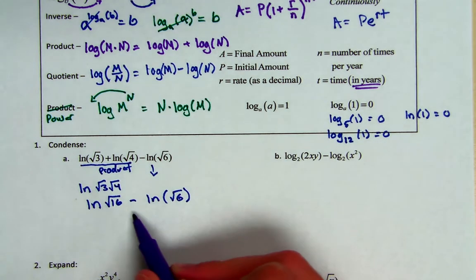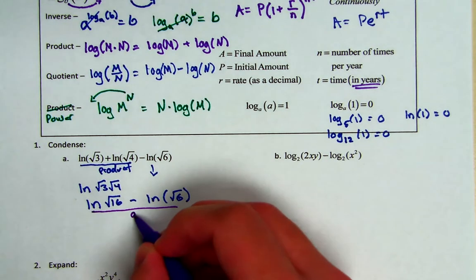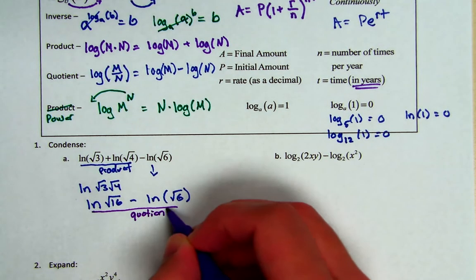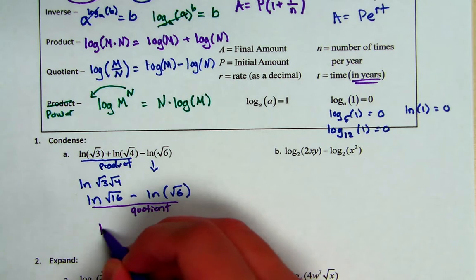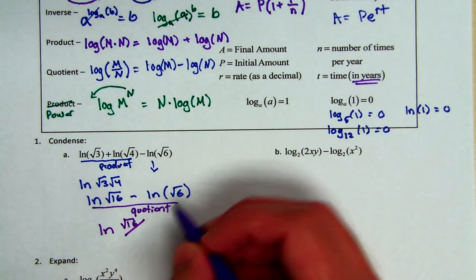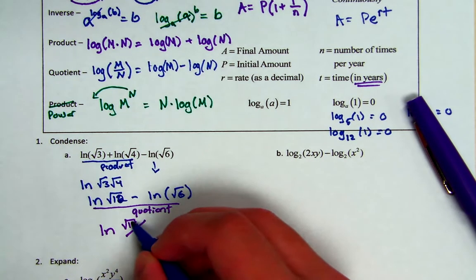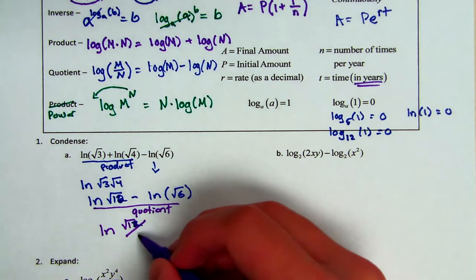And now I need to subtract. Well, subtraction, that tells me I need the quotient. So I need to divide. So I have the natural log of the square root of 12 divided by the square root of 6.